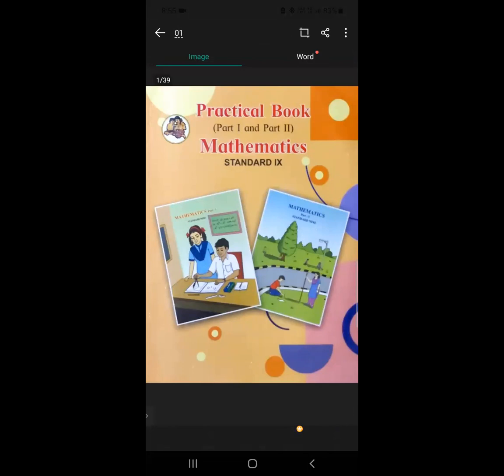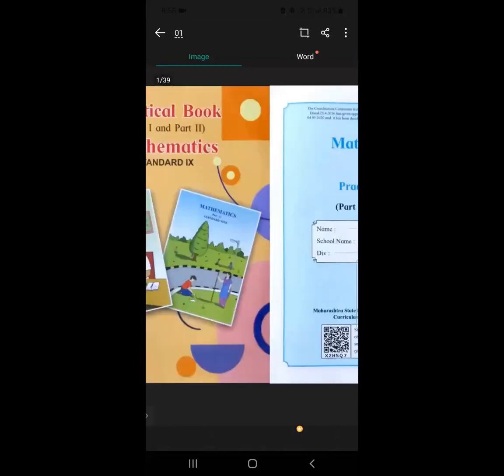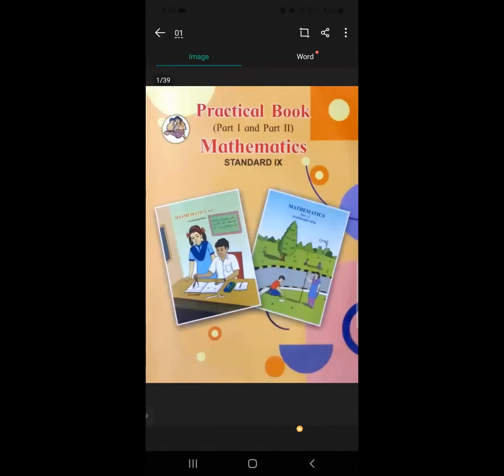So to help you out, instead of taking the revision, I have started with the practical session so that you can complete your booklet by just watching the lecture.